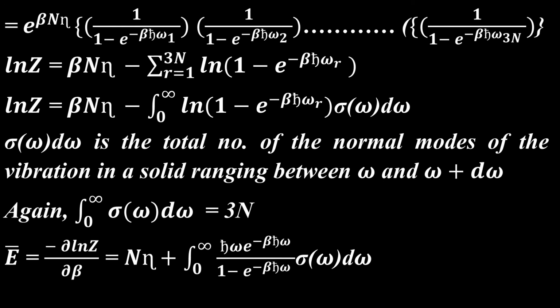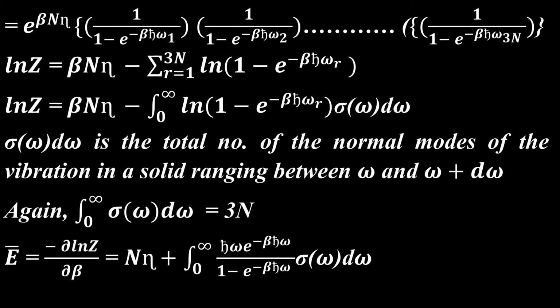From the above equation, we get e to the power beta n eta into 1 by 1 minus e to the power minus beta h cut omega 1, into 1 by 1 minus e to the power minus beta h cut omega 2, and so on, and the last term is 1 by 1 minus e to the power minus beta h cut omega 3n.